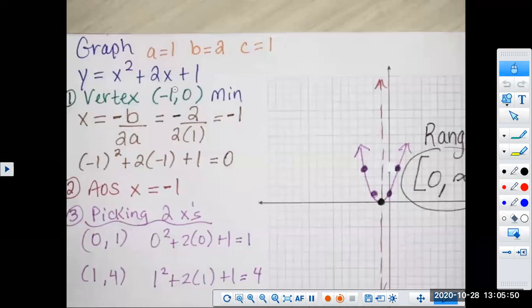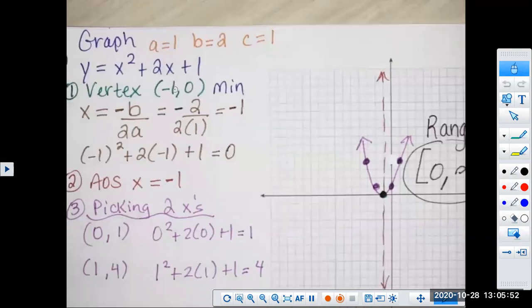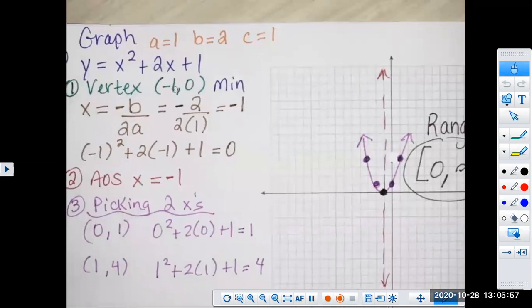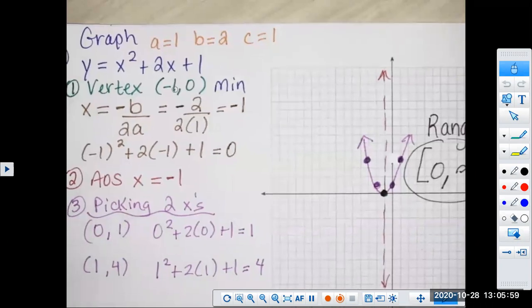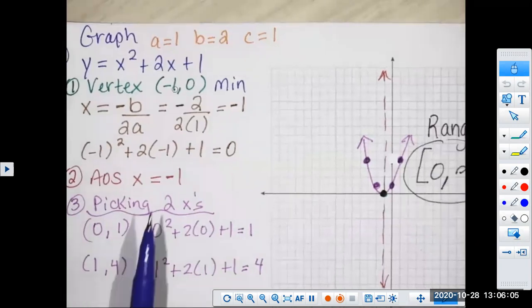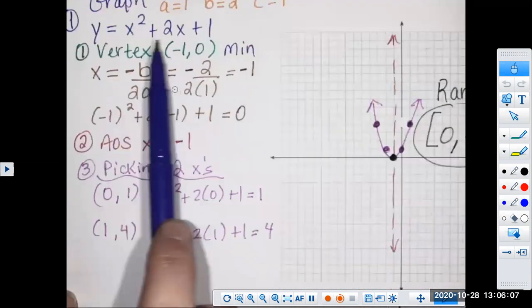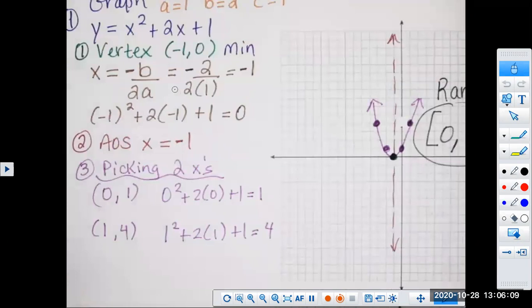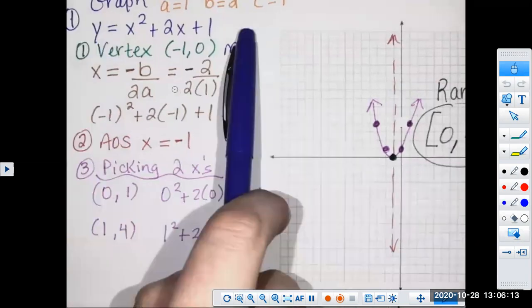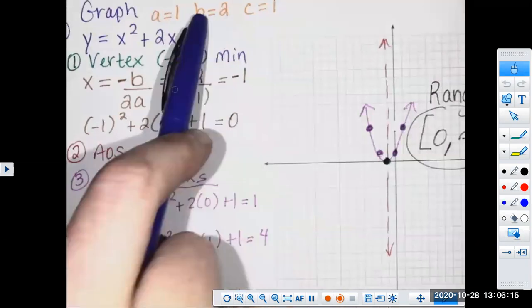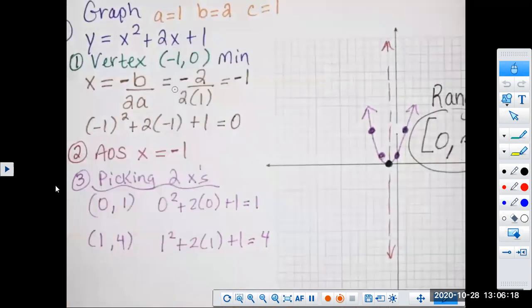When you're on the y-axis, what's the value of x? When you're on the y, what's x? So if we plugged in 0, we wound up with 1. So that's why. That's one thing I do like about standard form: you can easily see where it should cross the y-axis every time.